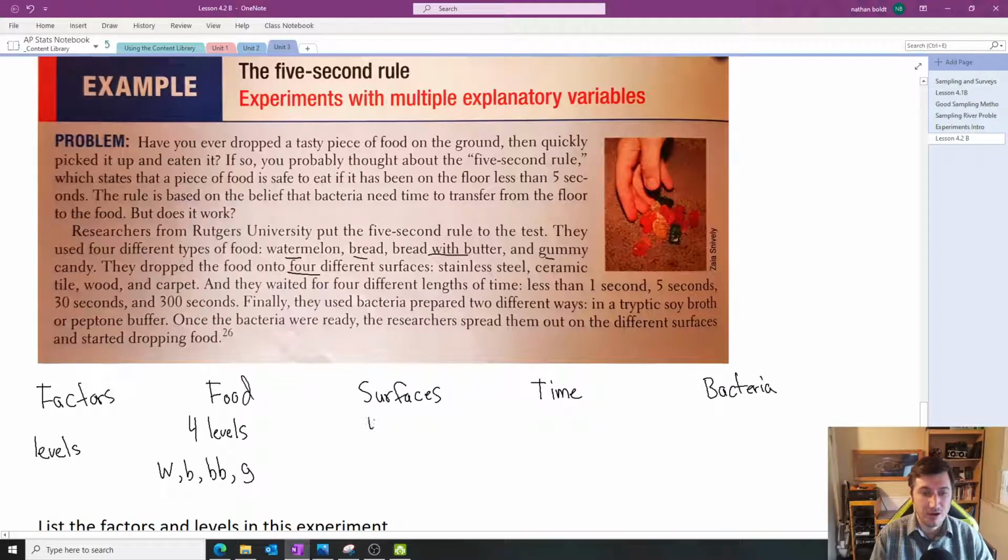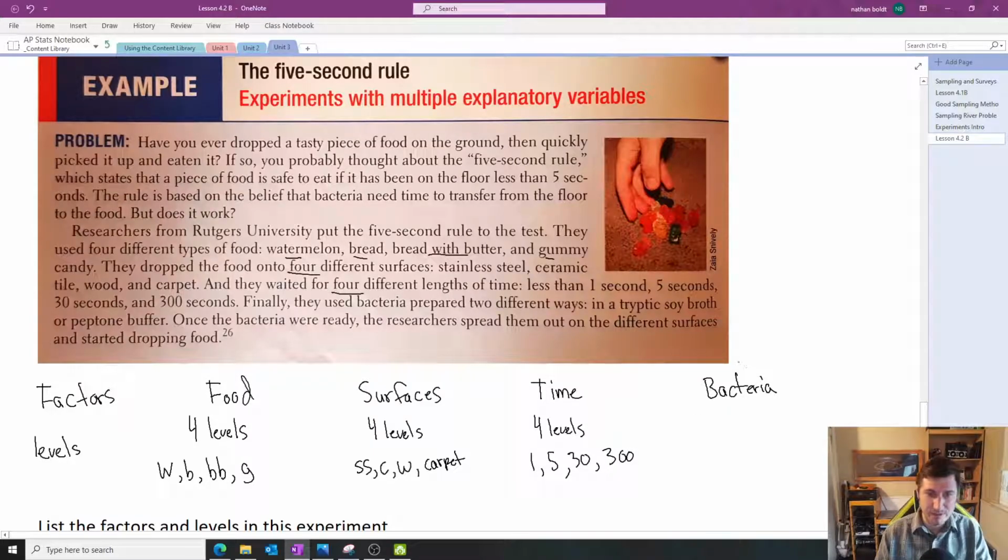So that also had 4 levels: stainless steel, ceramic, wood, and carpet. Time, how many different times? They also had 4 different time lengths. So the time also had 4 levels. Less than 1 second, 5 seconds, 30 seconds, and 300 seconds were our 4 levels there.